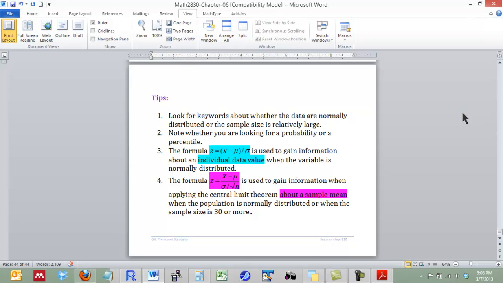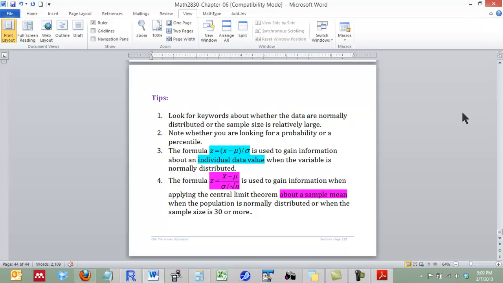If you are being given an X or given a Z, that means you're looking on the outside of your table and your probability is coming from the inside. Or whether you want a percentile. That means you're being given your probability, so you're going to the inside of your table and then finding the corresponding value along the outside of the table.